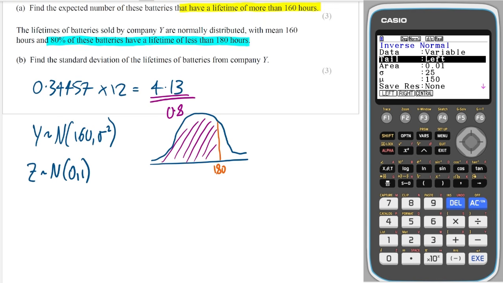I want it to be to the left at 80%. I could do to the right at 20% if I so wished. Be the same thing. The standard deviation is 1 and the mean is 0. And this gives us a Z value of 0.841.